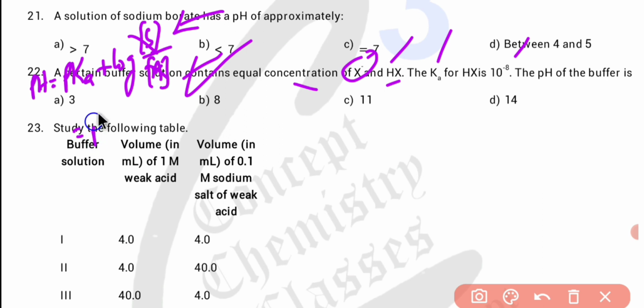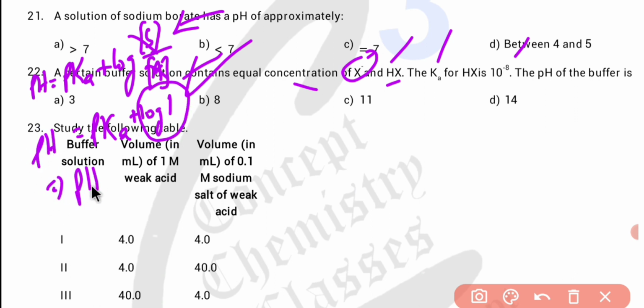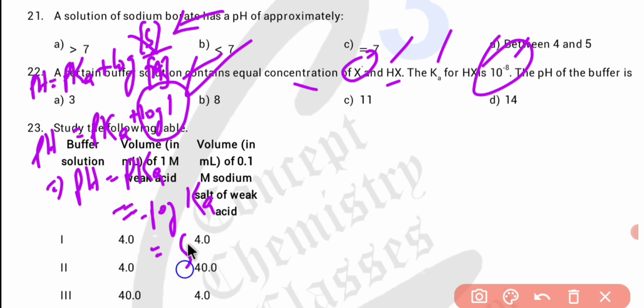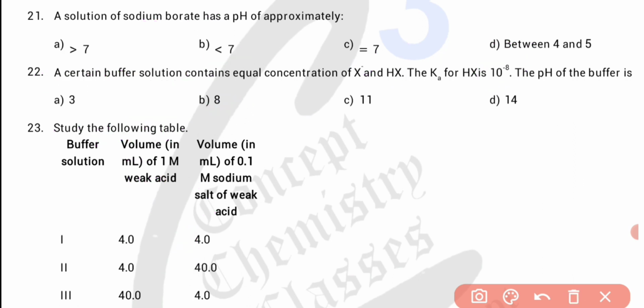We have pKa plus log 1, and we know that log 1 is 0. So pH is equal to pKa, and pKa is minus log of Ka, and Ka is 10 to the power minus 8, as given in the question. So pH has to be 8, and the correct option is B. Let us move to the next question.